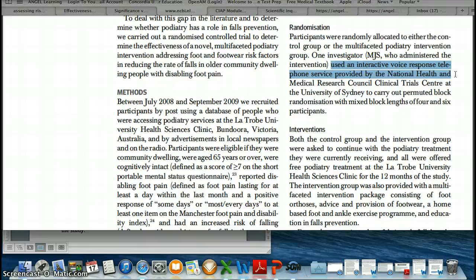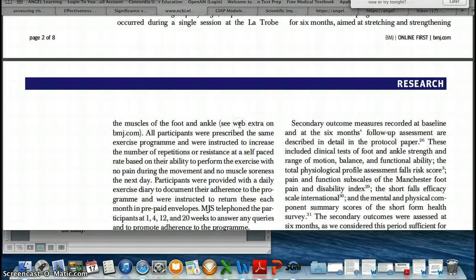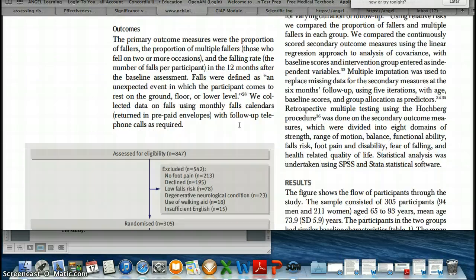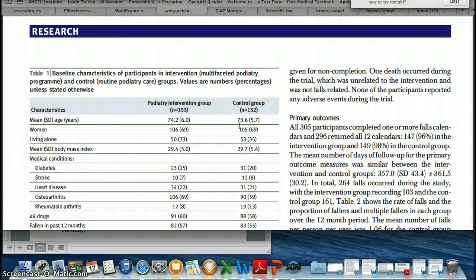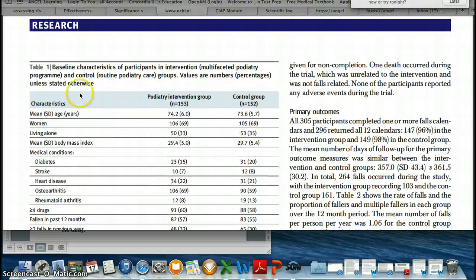Another thing that you can look at is how closely groups may have been matched. For this, you can look within the results section, and I'll go over this more within the results presentation. But if you are wondering now, there should be a table in here somewhere. So this is table 1.